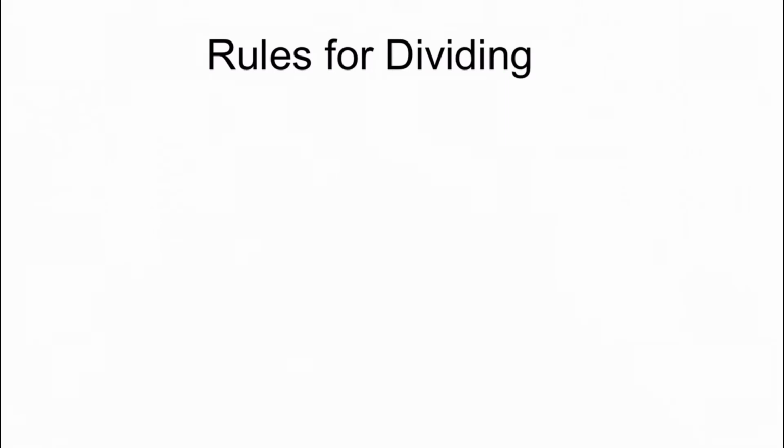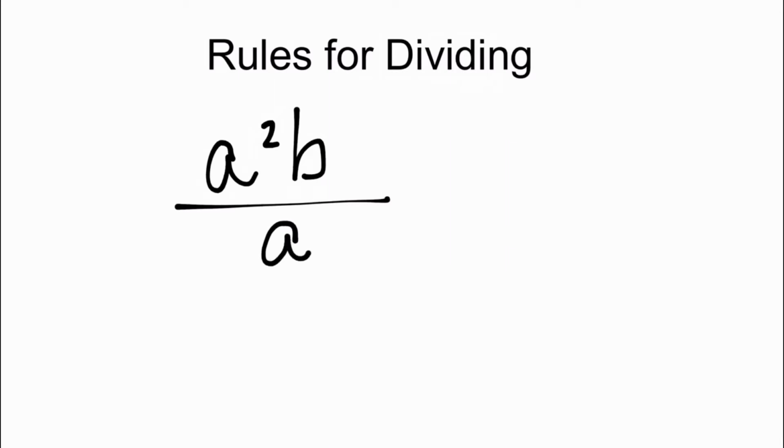Next thing we're going to talk about is rules for dividing variables. Okay? So here we go. When we divide variables, it looks something like this. When we divide variables, what we're doing is we're subtracting the exponents. So it's the opposite of what we did with multiplication.